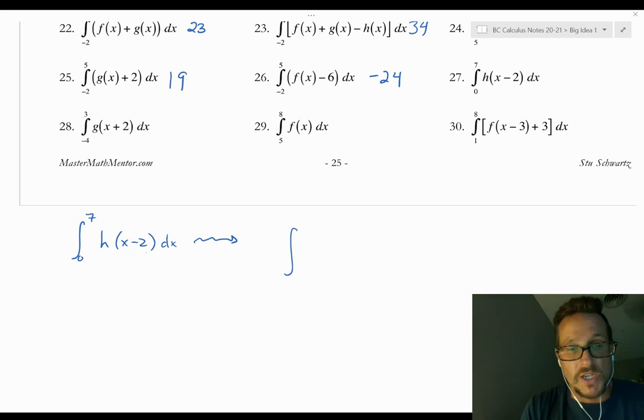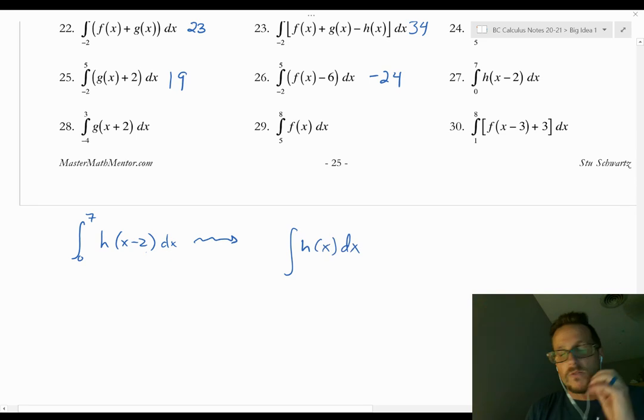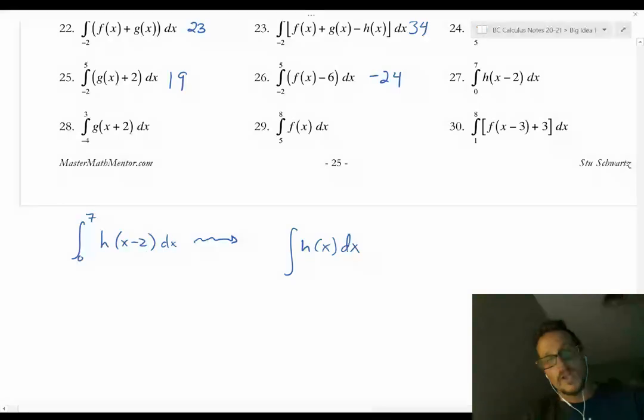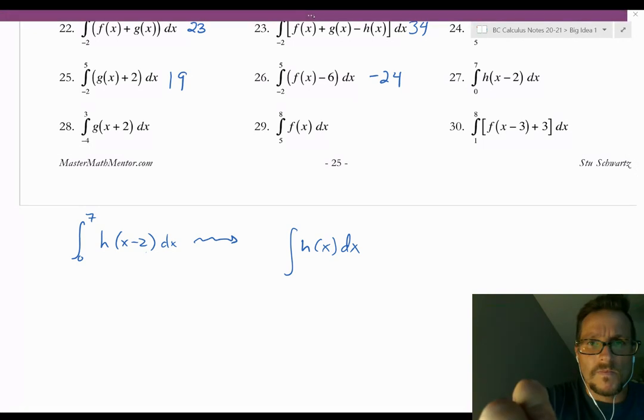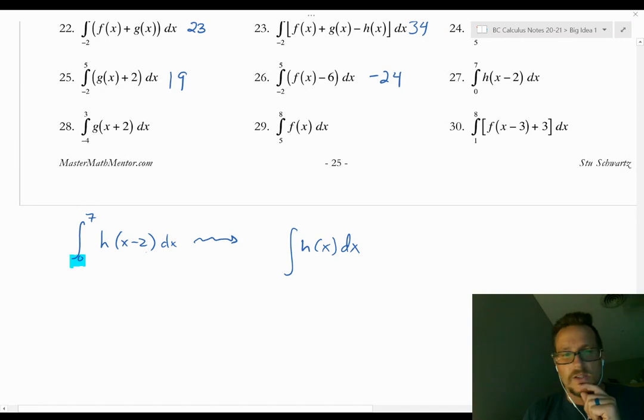So we can shift back to regular h world if we think about what are the values in regular h world that correspond to h of x minus 2. Let's see. At 0 in h of x minus 2 land, that's the same as h of negative 2, isn't it? If you sub in 0, it's the same as h of negative 2.